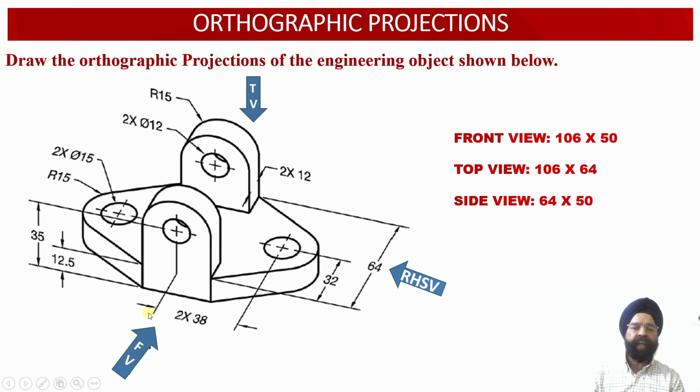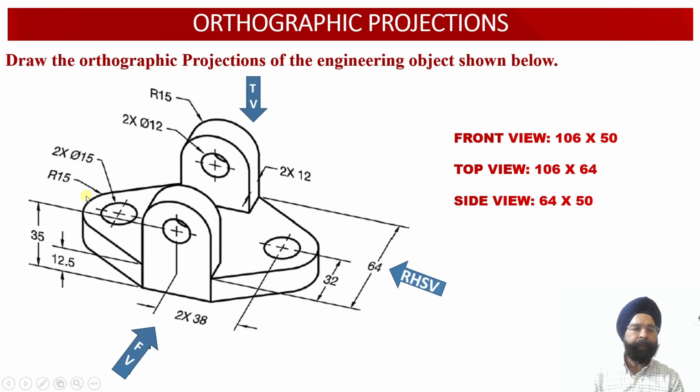Now as the observer is going to look at the solid from the front side, we can check that we have not been provided with the total width of the solid. We have been provided with the information that the distance between this center point and this center point is 38 millimeter on the right hand side and 38 millimeter on the left hand side. So the distance between these two center points will become 76 millimeter.